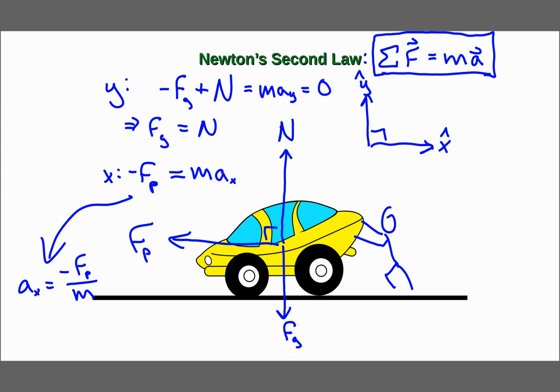So we have independent influence on each of these axes, and you notice that our acceleration in the end is going to point in the negative x hat direction because our only force points in the negative x hat direction. So our net force points in the negative x hat direction. And this is a property of this equation.